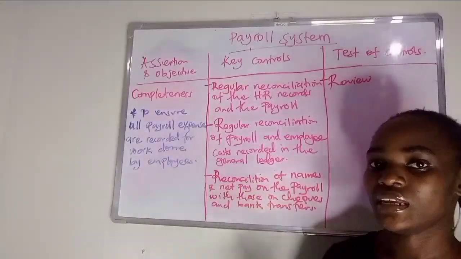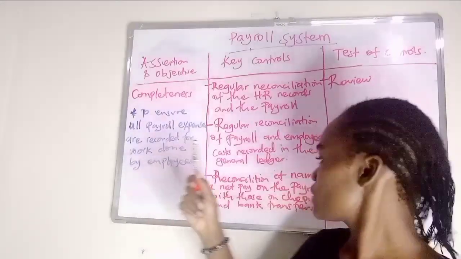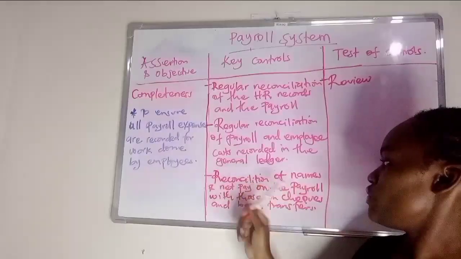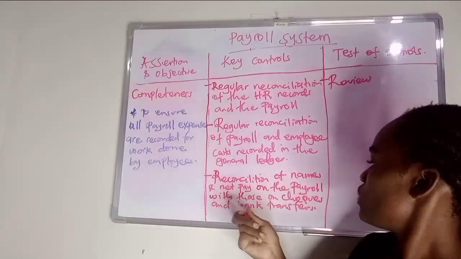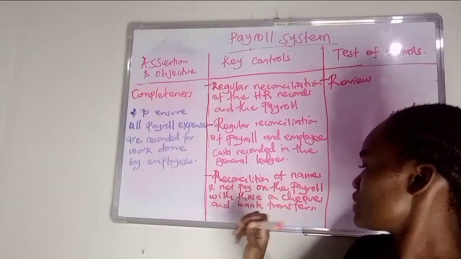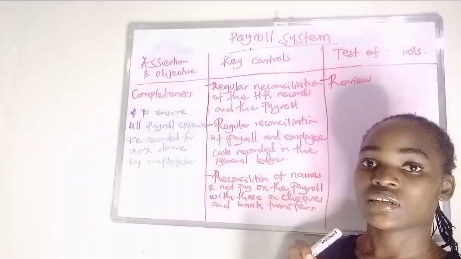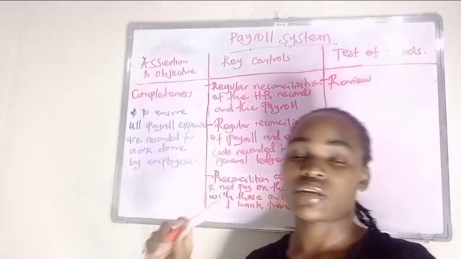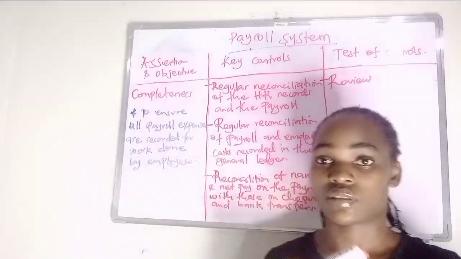Then another control that can be put in place to achieve this is reconciliation of names and net pay on the payroll with those on the checks and bank transfers, to see if the money was sent to the right person, the right amount was sent, and all that.